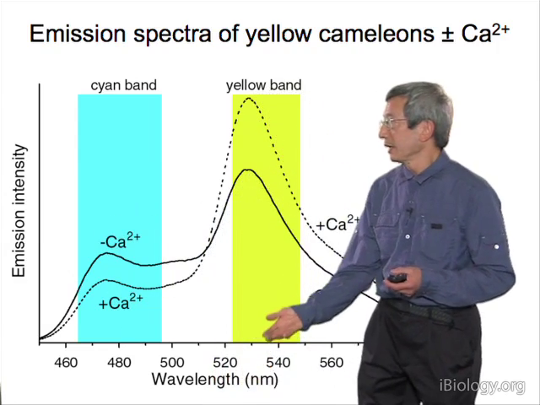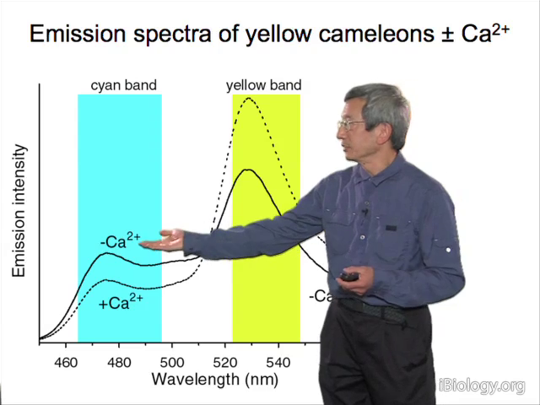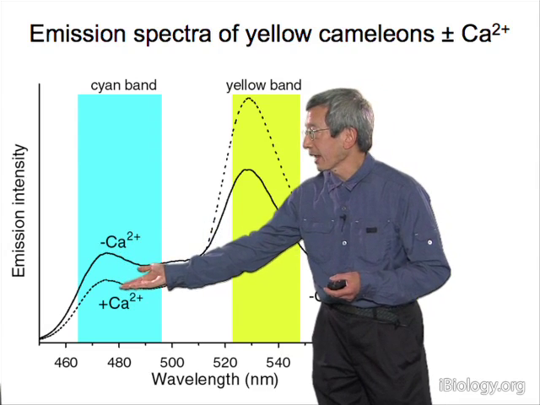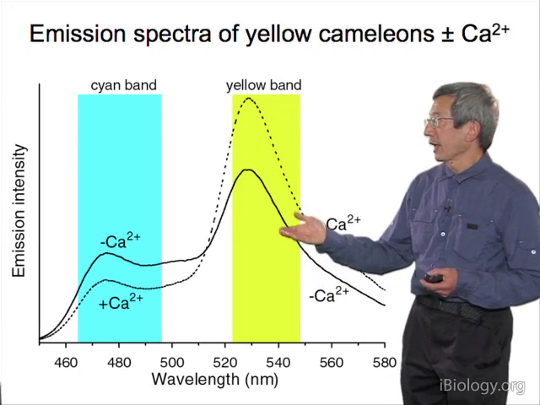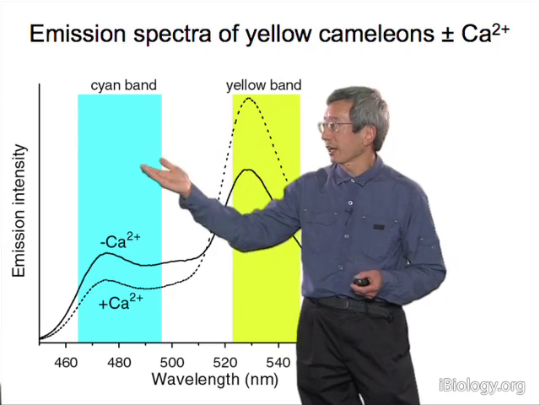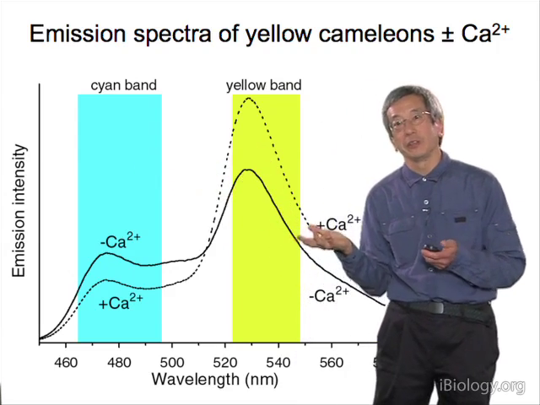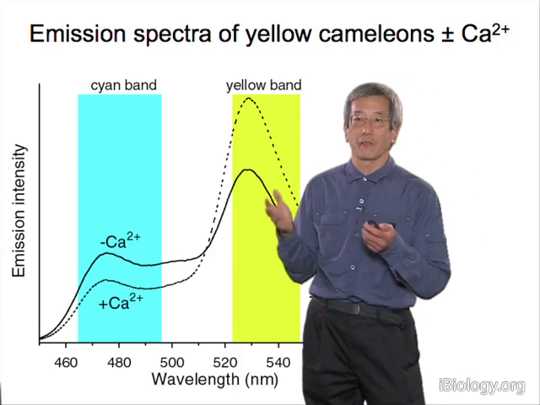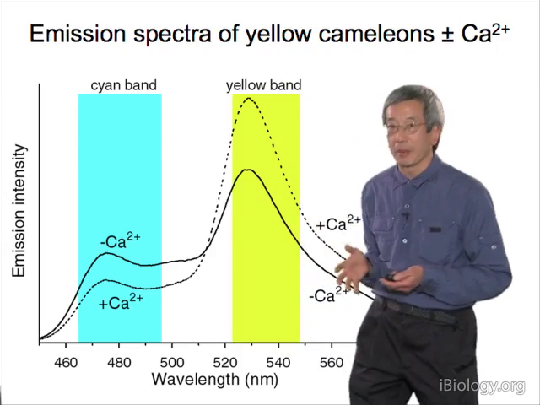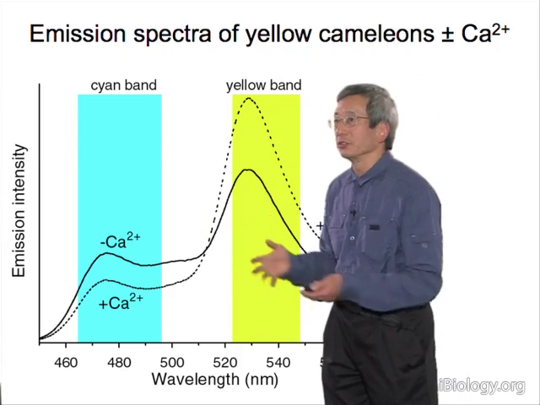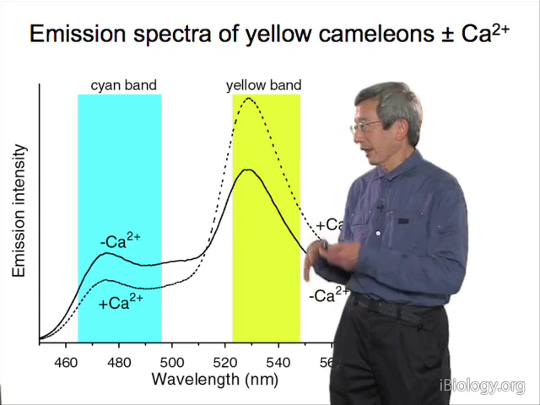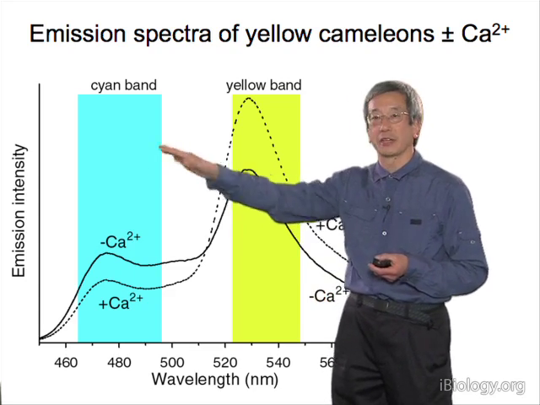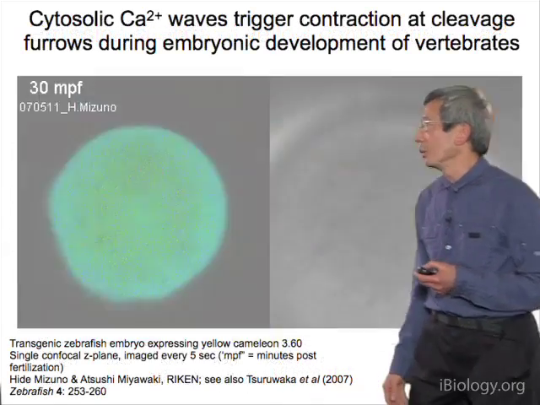And what calcium does is it takes away cyan and gives it to the yellow band, because that's the increase in FRET. And this ratio between yellow and cyan is particularly helpful to cancel out all sorts of artifacts like the absolute amount of protein, or the absolute strength of illumination, or the absolute sensitivity of your camera. All these sorts of fluctuations are canceled out when we take the ratio of two wavelengths.